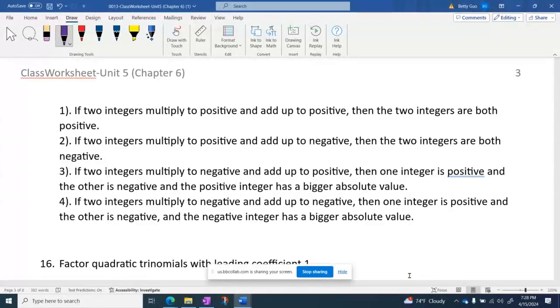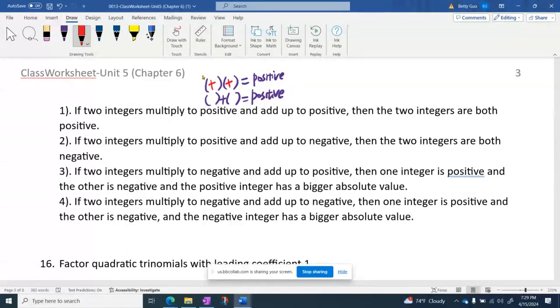If we need to determine the signs for 2 integers, and we know the 2 integers multiply to a positive number and also add up to a positive number, then the 2 integers must be both positive. Think about why. Let me explain.